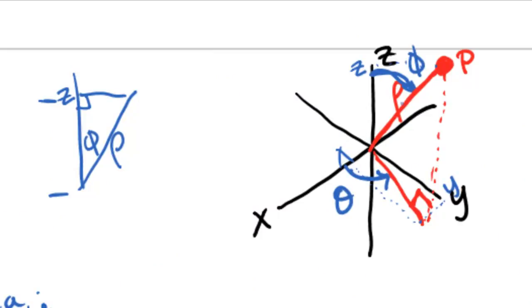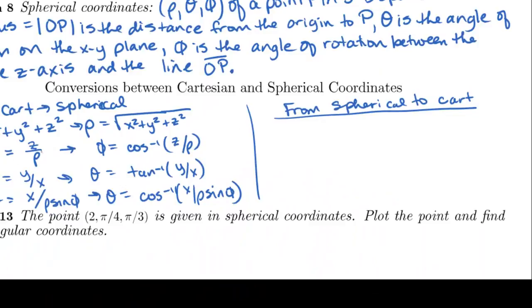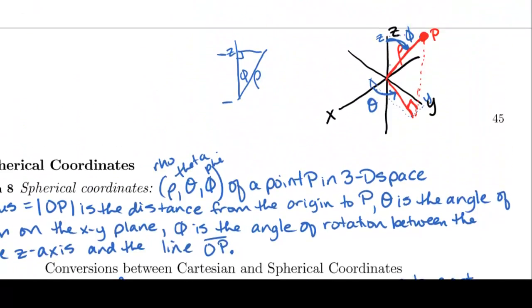It's easier if we start with z here because we have that phi. Again, z is going to be our adjacent part here, so z is essentially just rho times cosine of phi. So rearranging this formula here, we get that z is equal to rho times the cosine of phi. So that gives you this distance here.